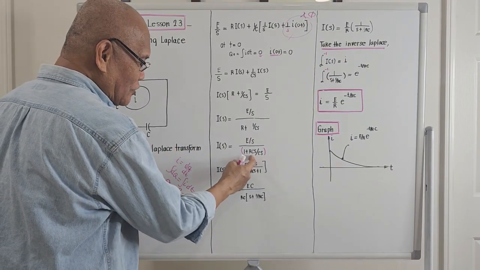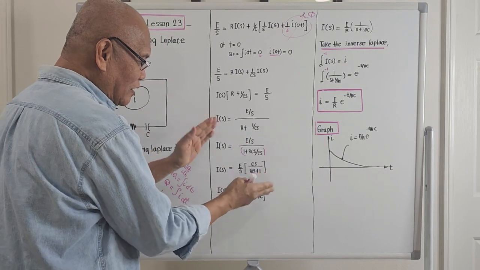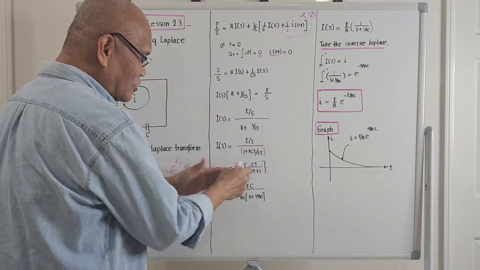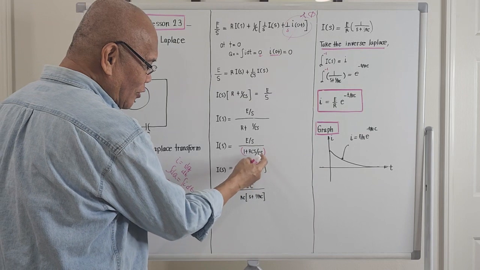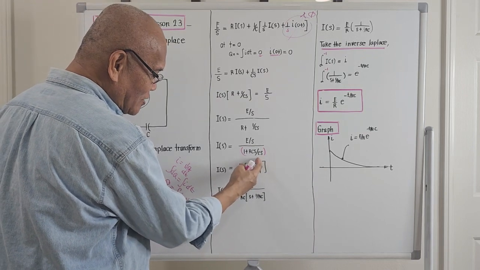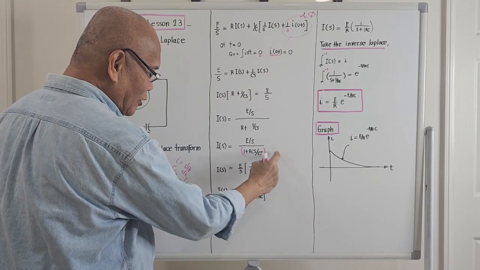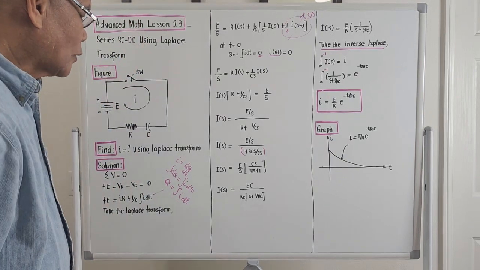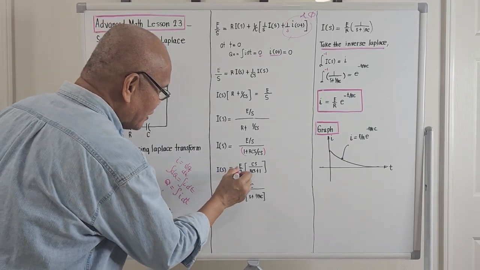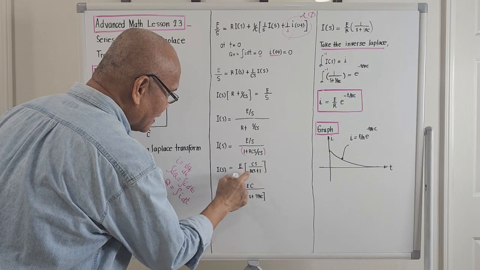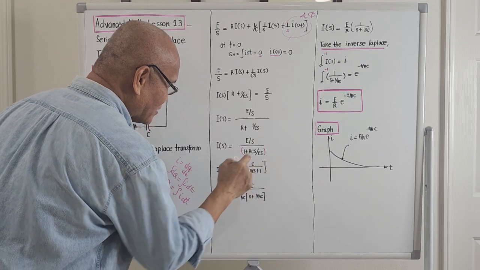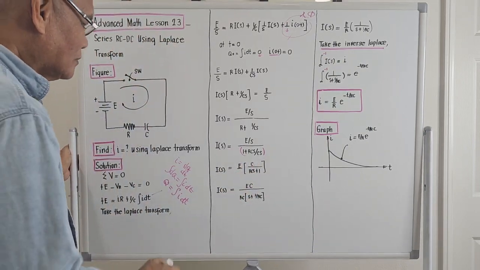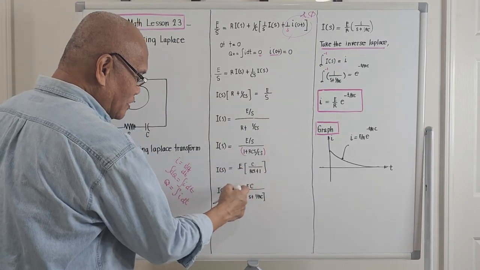We change the operation from division to multiplication. We take the reciprocal of the denominator, and the reciprocal will be, this will go up. So this will now be CS over RCS plus 1, close bracket. Okay? And luckily, this S here cancels with this. No more S.